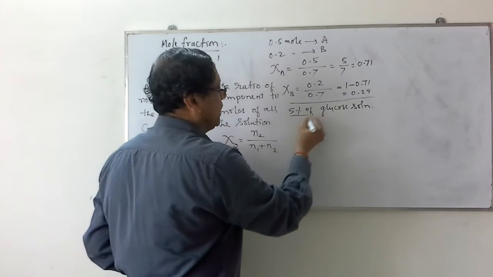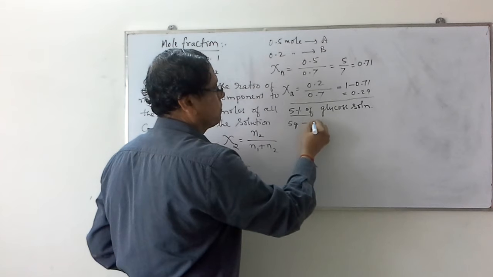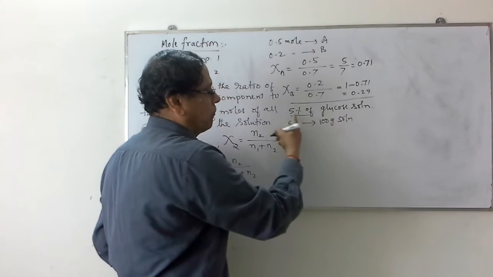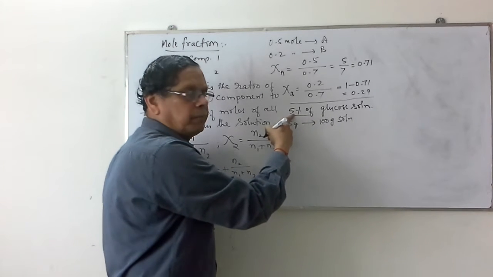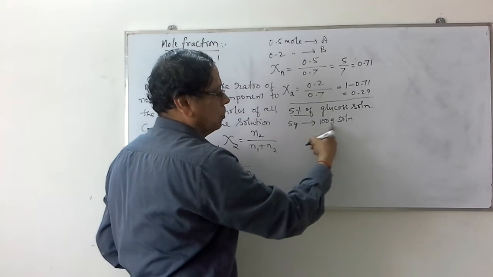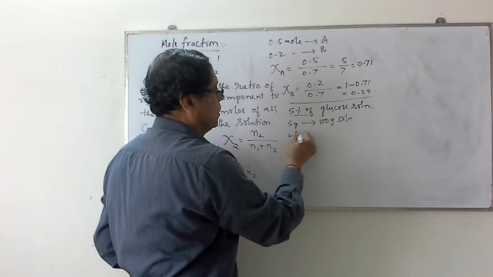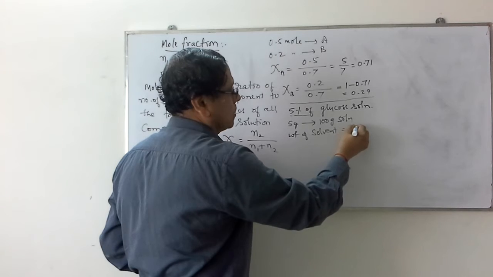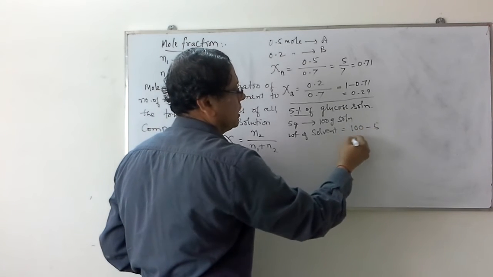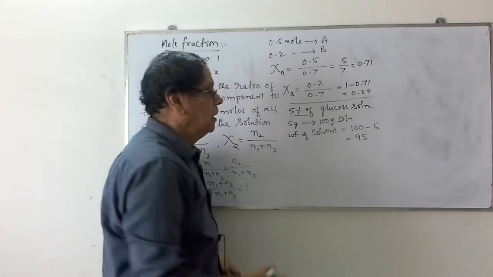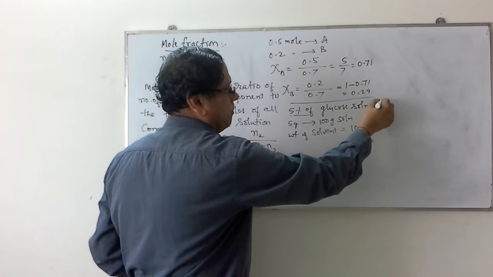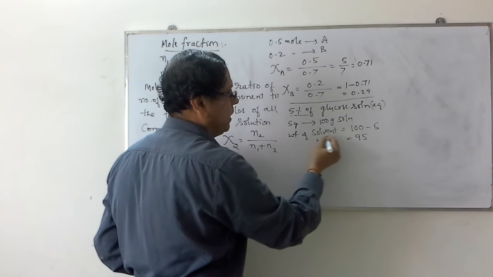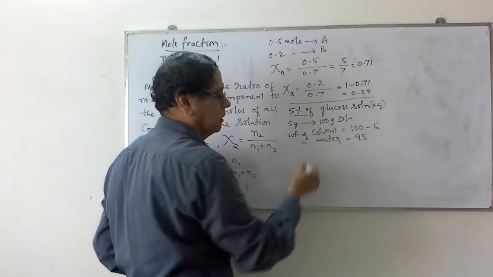This 5% indicates that 5 grams of glucose is present in 100 grams of solution. Therefore, the weight of solvent is equal to 100 minus 5, that is 95. Assume that this is an aqueous solution, then the weight of solvent is nothing but the weight of water.